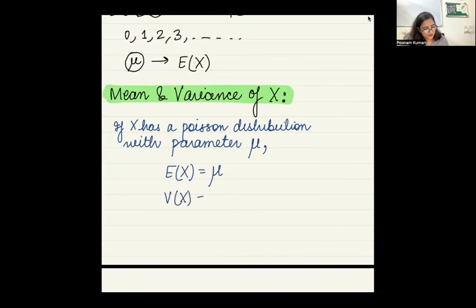Variance of X is also mu, expected value of X is also mu, and by that continuation standard deviation of X is going to be square root of mu.